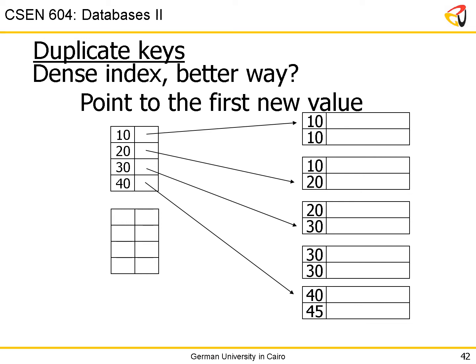What's the problem here? The problem is you forgot about the duplicates. If you say I'm going to point to the first entry that appears of some value, the first time it appears, and you get lots of duplicates, and the duplicates span more than one page, you're going to miss all those pages that are full of duplicates because you're not pointing to them. Okay?